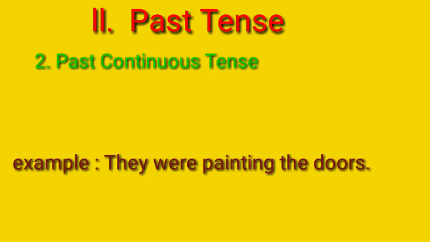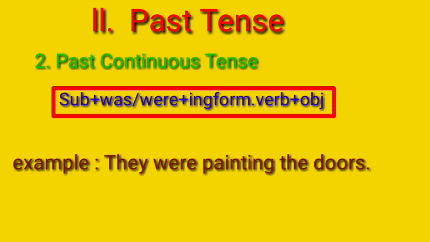The form of past continuous tense is subject plus was or were plus ing form of the verb plus object. In one sentence, if there is was or were and ing form of the verb, then we can say that it is past continuous tense.